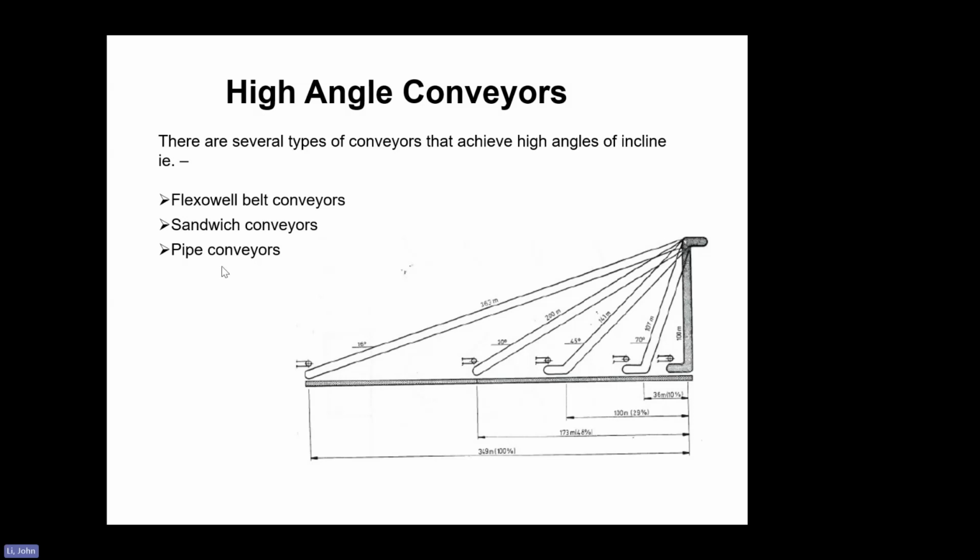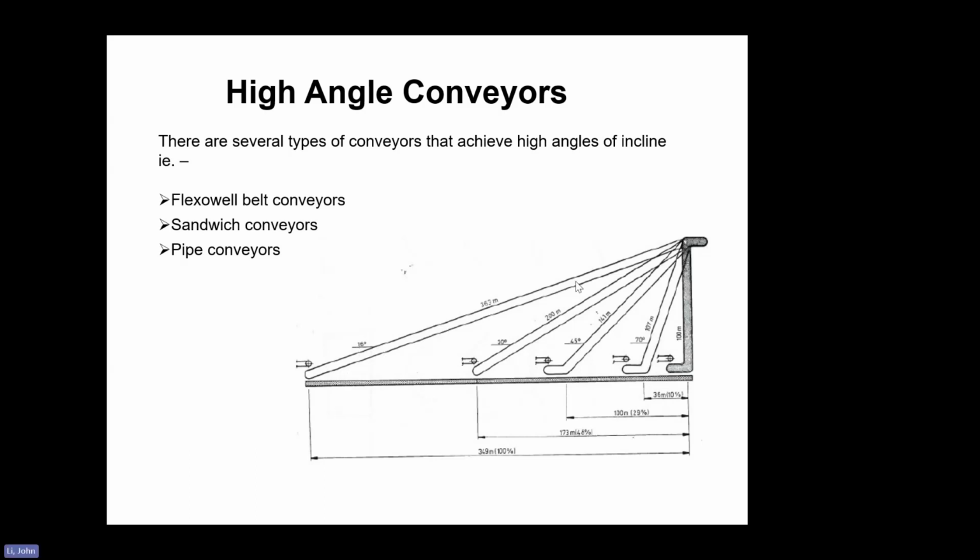Sandwich and pipe conveyors we don't usually use. For pipe conveyor, we have one in North Vancouver at Neptune terminal for potash. Totally in Canada there should be fewer than 10 pipe conveyors, not too many. You can see a picture from here.